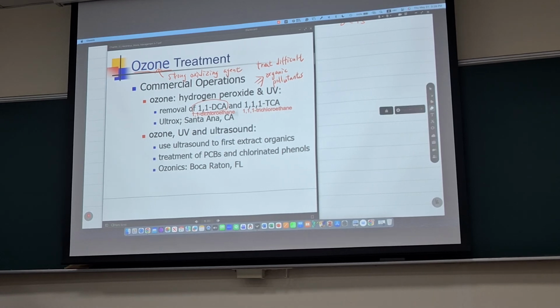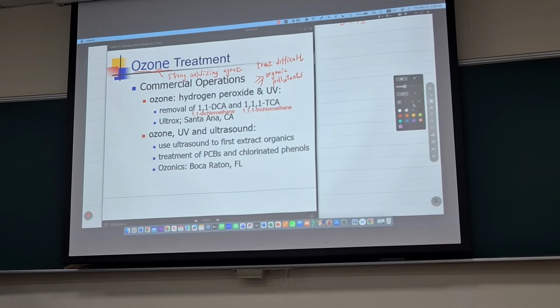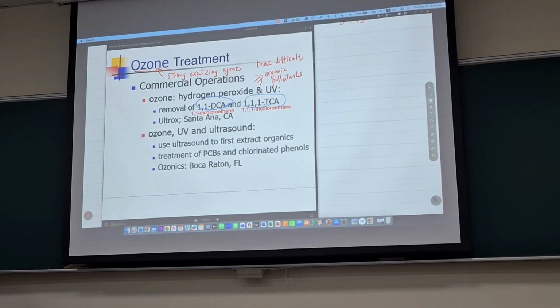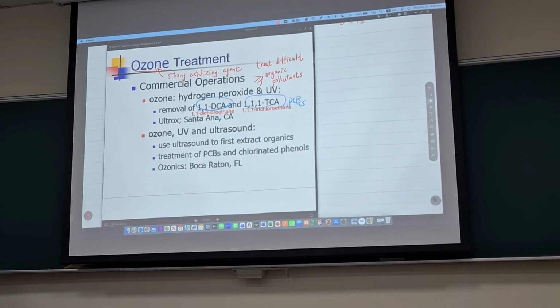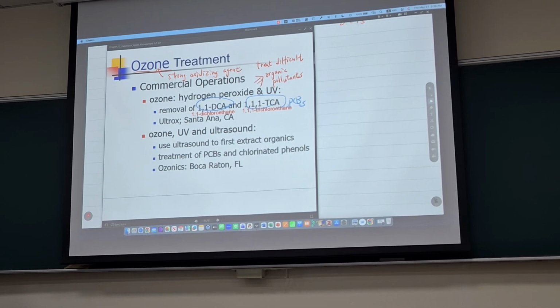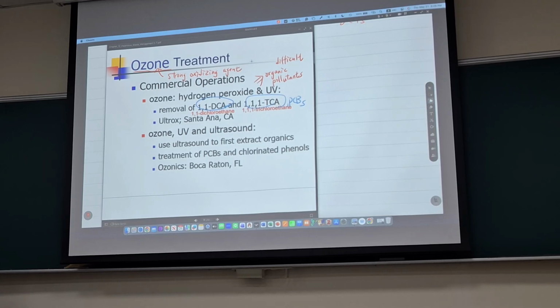So 1,1 DCA and 1,1 TCA. We can use ozone to remove those difficult, tough organic pollutants, such as 1,1 DCA, 1,1 TCA, or some PCBs. I would like to change "treat" to "destroy".